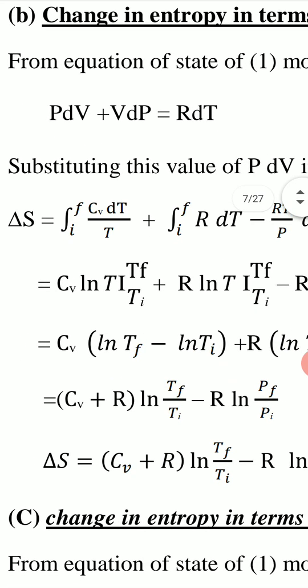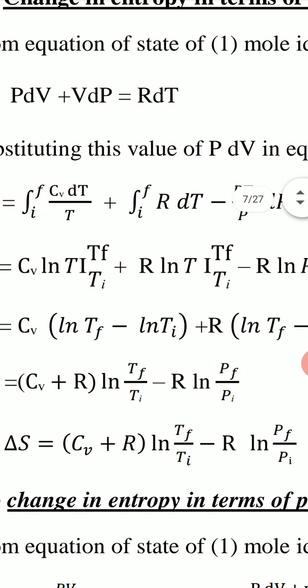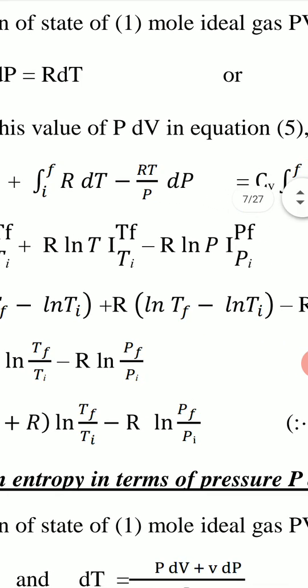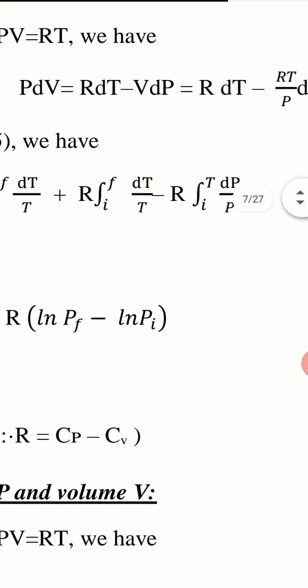If we differentiate it, we get P dV plus V dP equal to R dT. R is constant, and differentiation of PV gives P dV plus V dP. From this relation, we have P dV equal to R dT minus V dP.